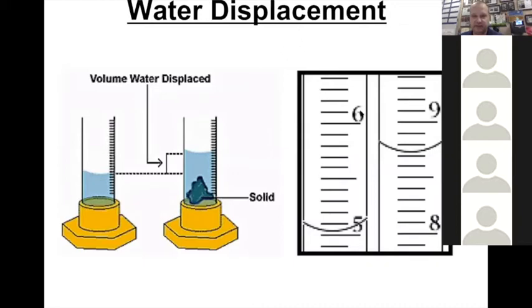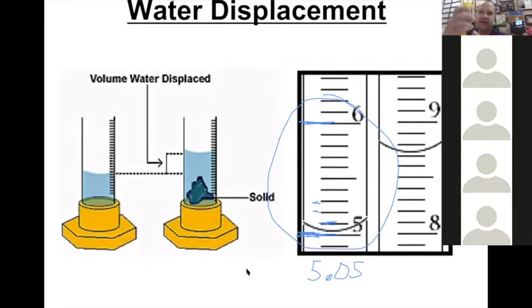Okay, if we look here, that is how much water I started with. So we're going to say this is 5.05, because it's not quite 5.1 and it's not 5.0, it's in between.